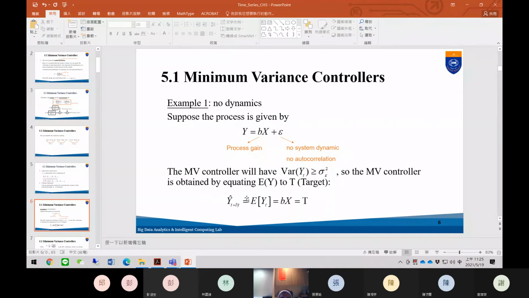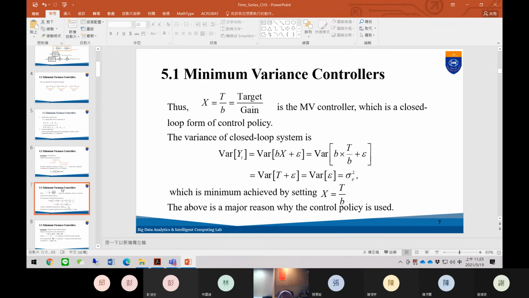The L period ahead forecast is expected to equal B x_t, B x equal to T. So how can we set the X, the set point of the output? Then X equals T over B, the target over the process gain, where B is the process gain.